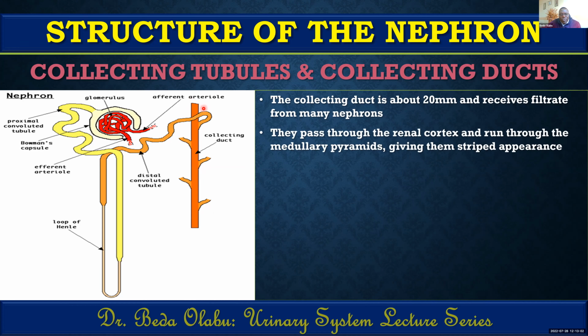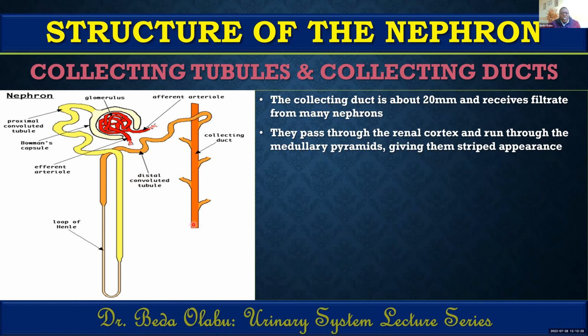The collecting duct will pass through the renal cortex first, then pass through the renal medulla. Remember, the parts of the collecting ducts that extend into the cortex are the ones that constitute what we call the medullary rays. Then the parts that extend into the medulla, multiple of them will join together.